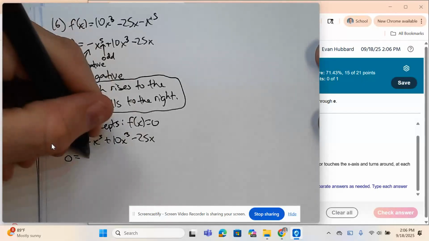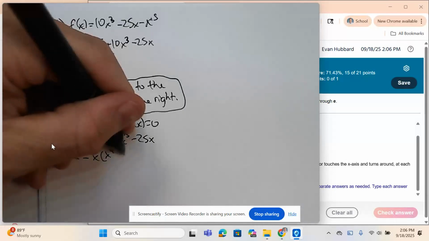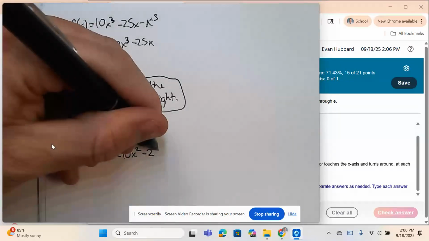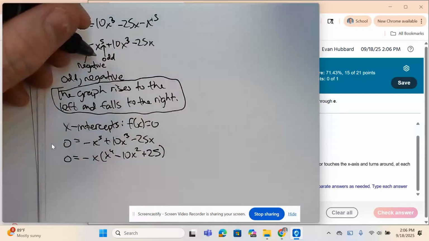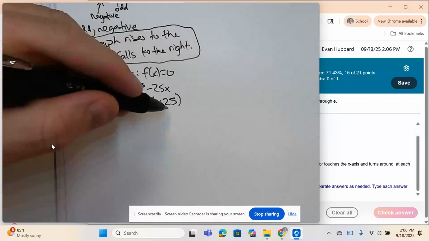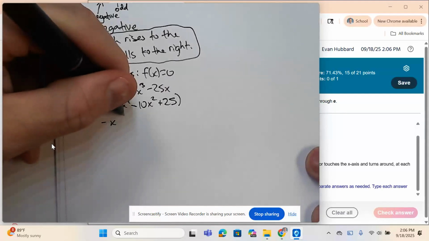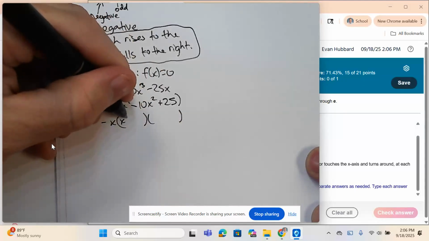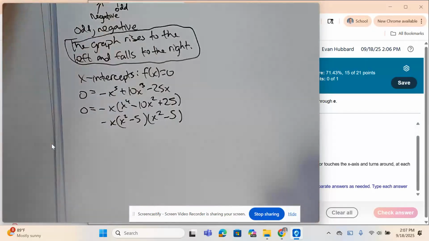So I've got negative x coming out, x to the fourth minus 10x squared plus 25. So what multiplies to 25 and adds negative 10? What about negative 5 and negative 5? So it'd be x squared minus 5, x squared minus 5.